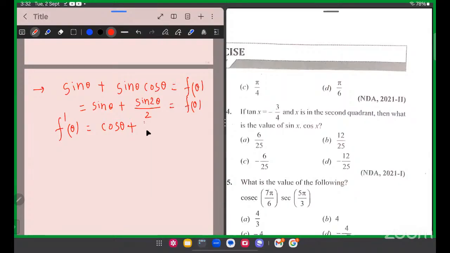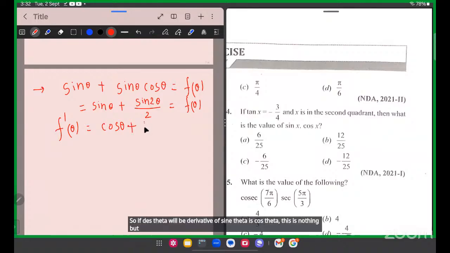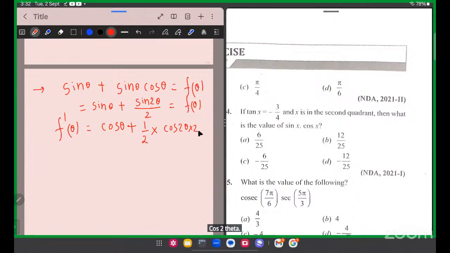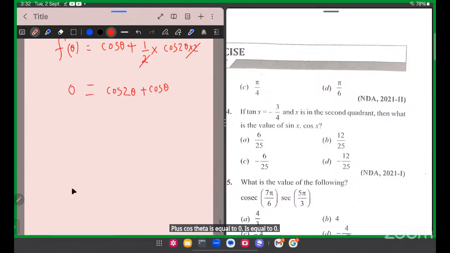So f dash theta will be derivative of sine theta, which is cos theta. This is nothing but 1 by 2 times cos 2 theta into 2. 2 and 2 will get cancelled. So we are left with cos 2 theta plus cos theta is equal to 0. Right?